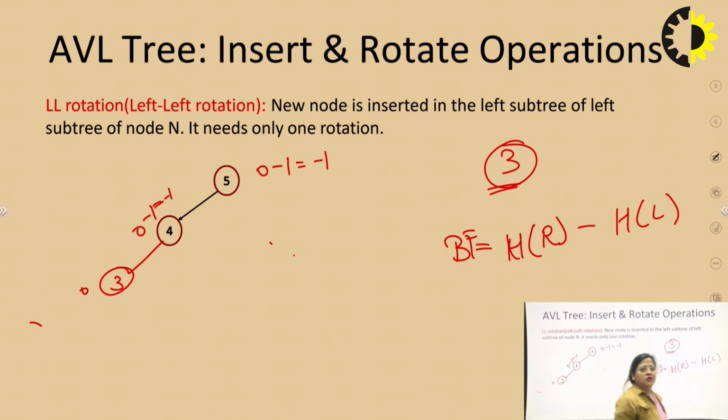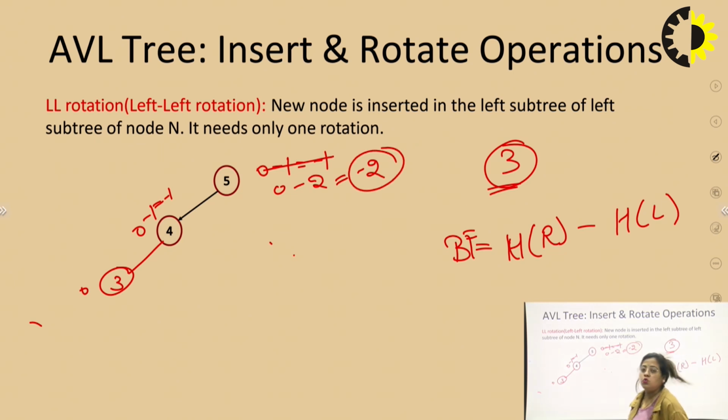There is no change. Now come to node 5. The right subtree is 0, minus the height of the left subtree, which is 2. So the answer is minus 2.